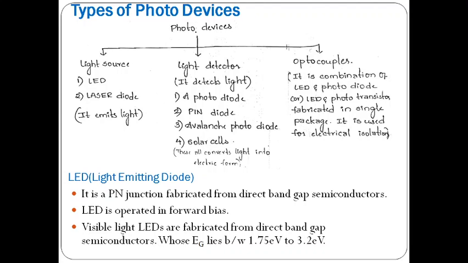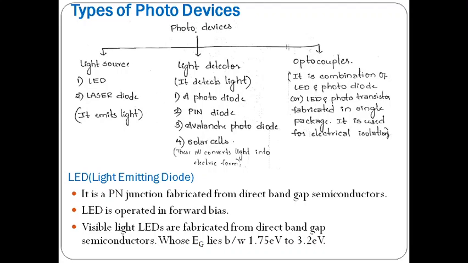When the electron goes from the conduction band to the intermediate level and then to the valency band, it will recombine with the hole in the valency band. In this process also it will release some energy, but the released energy is not in the form of photons.